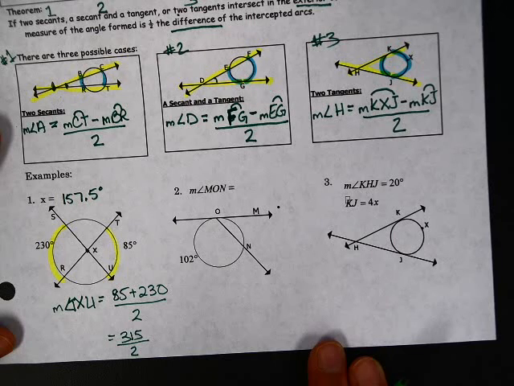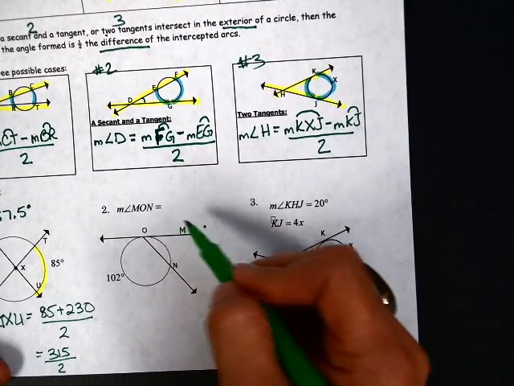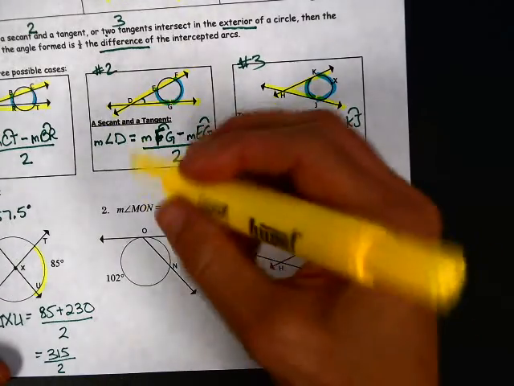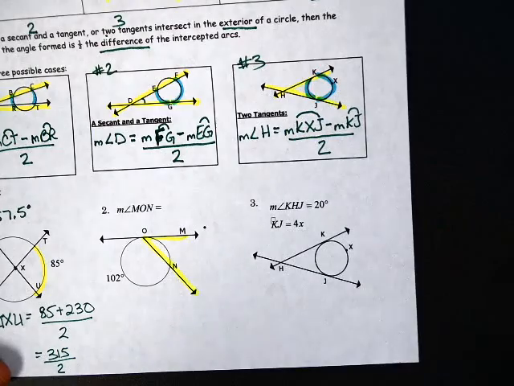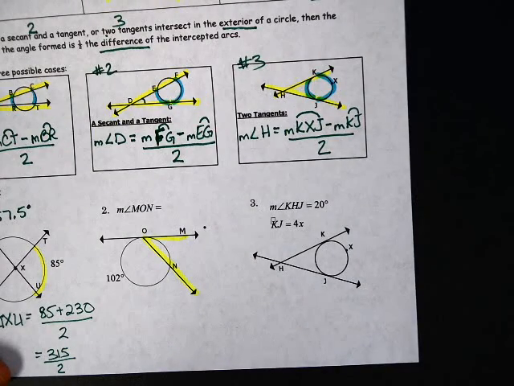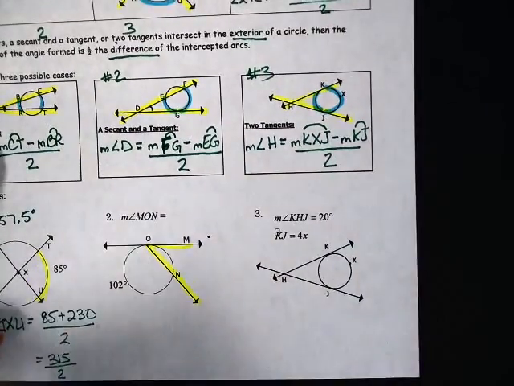Okay. The next one, we've got the measure of angle MON. Well, here is angle MON. Now, it equals half the measure of its intercepted arc.